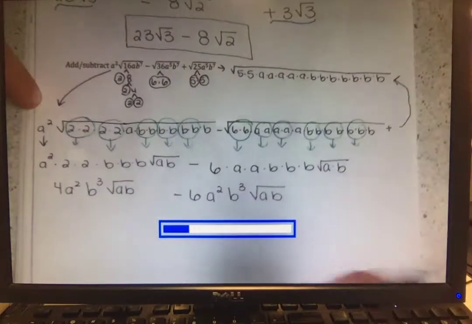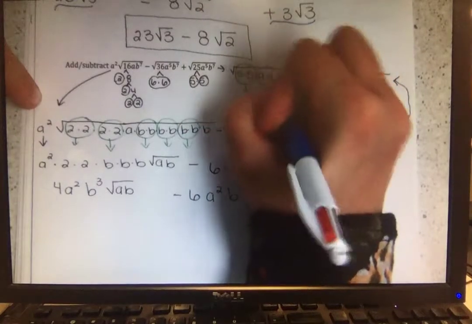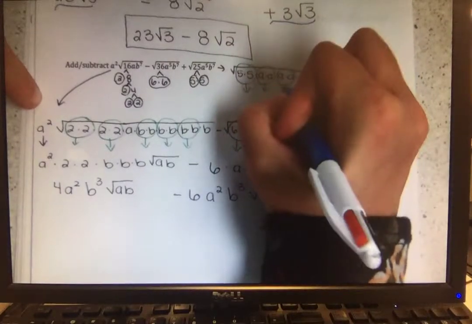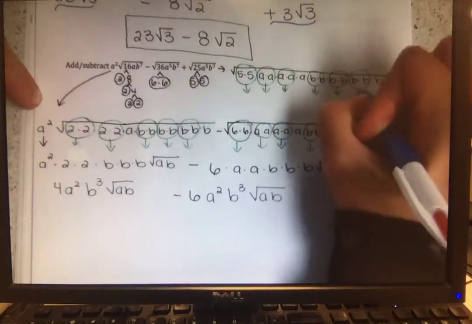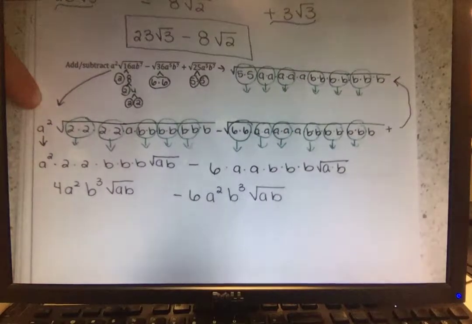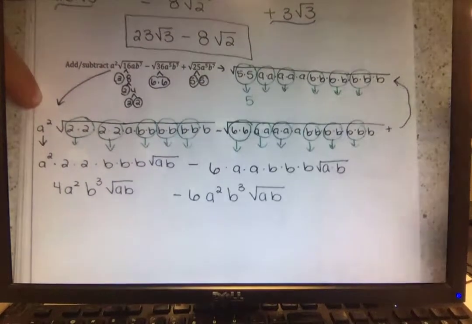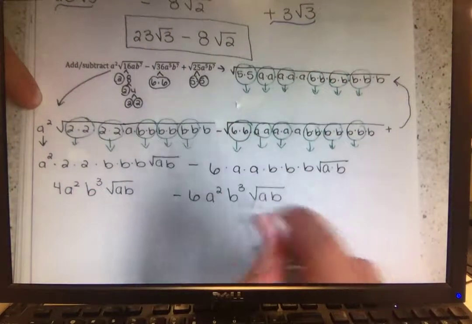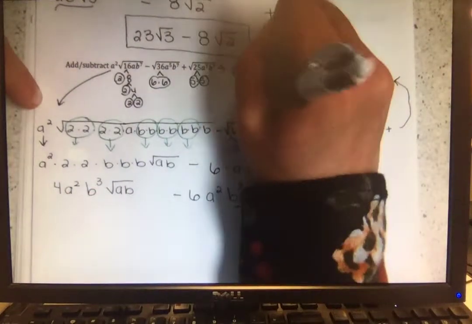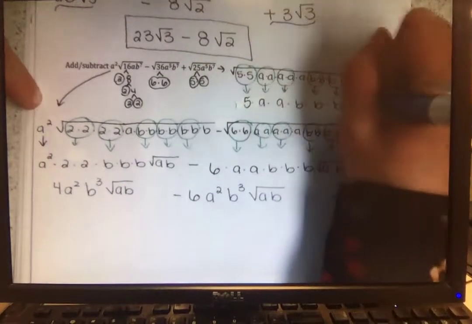So it's a square root, we're looking for 2 of a kind. So these 2 5's are coming out, these 2 a's, these 2 a's, these 2 b's, these 2 b's, and these 2 b's. So outside the radical we have 5 times a times a times b times b times b.